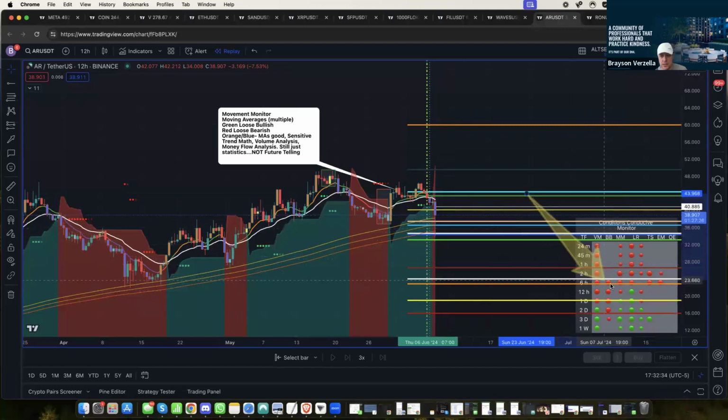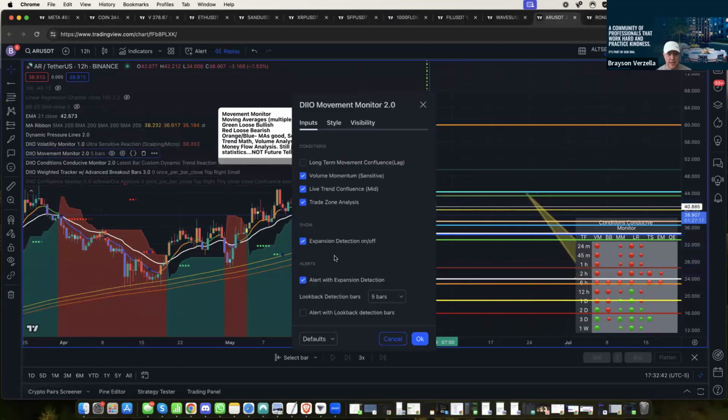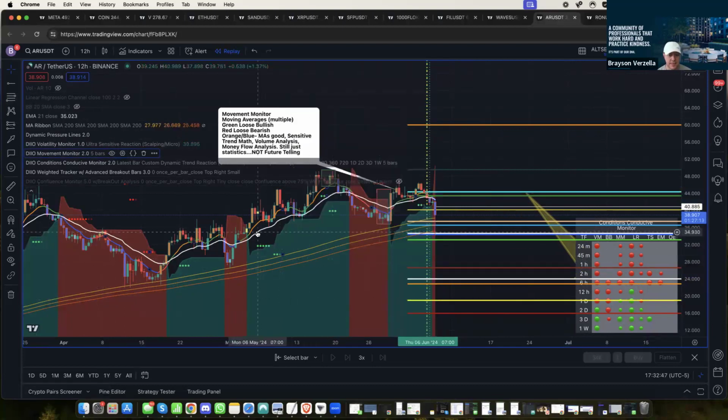On the movement monitor, my favorite way to do it is to have it unchecked, because it makes this orange line go orange in a more sensitive way. It makes the blue go blue earlier in a more sensitive way.